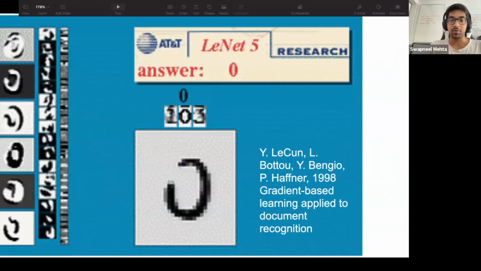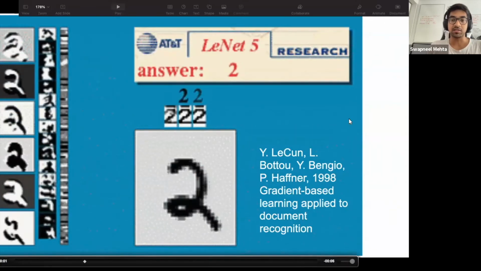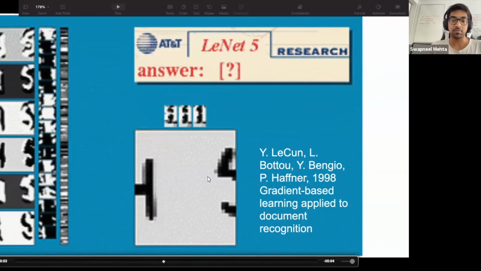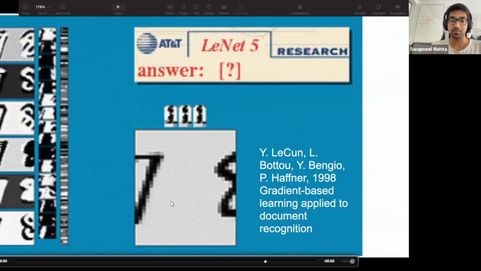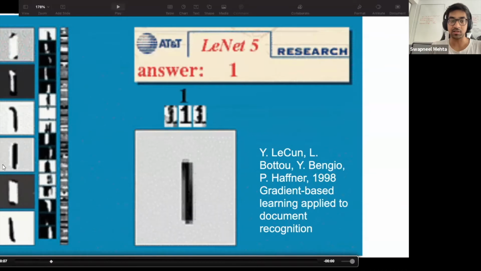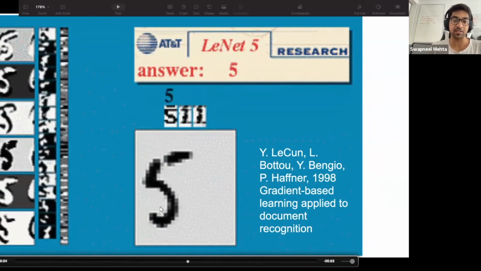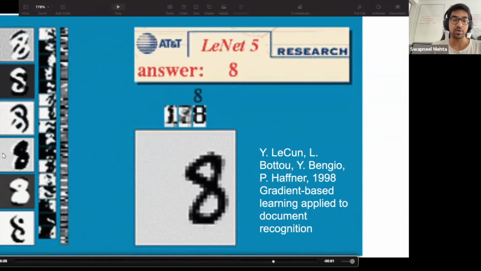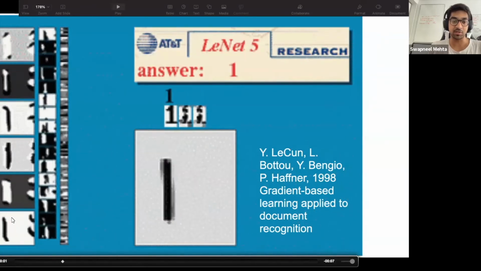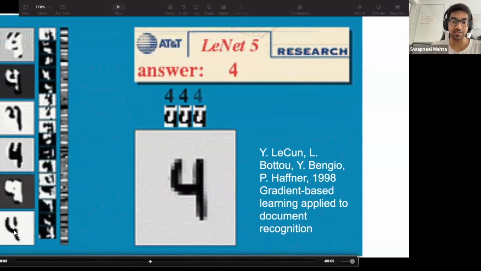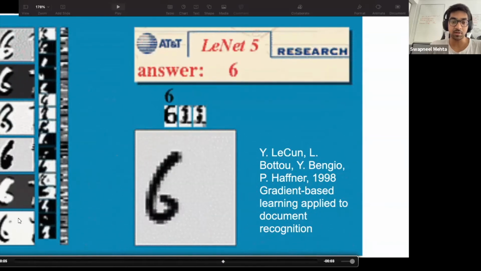So the problem at hand that they were solving was something like this, where you can see the pictures passing through in the center. You can see the feature maps being created based on these images. In the initial layers, which are on the left, the feature maps are basically doing some sort of edge detection.